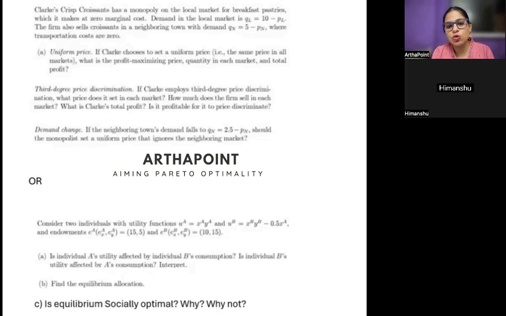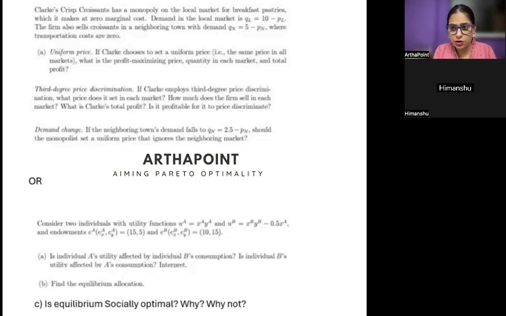No point selling. So now, because you cannot sell in the neighboring market, how will you set the price for your market? I will do it according to my local market only, just the MR equal to MC condition. Right. So more or less you've solved it correctly, just that you got confused. Remember all the three kinds of price discrimination very well.